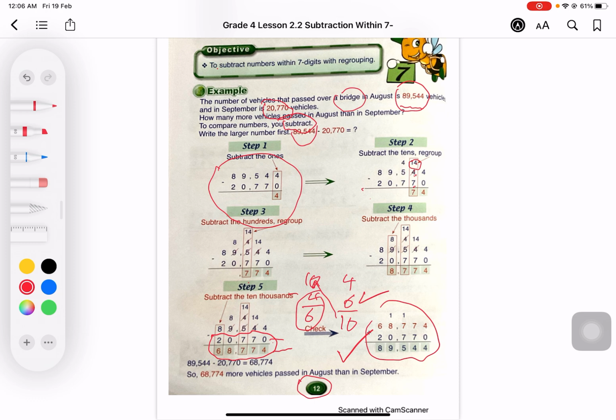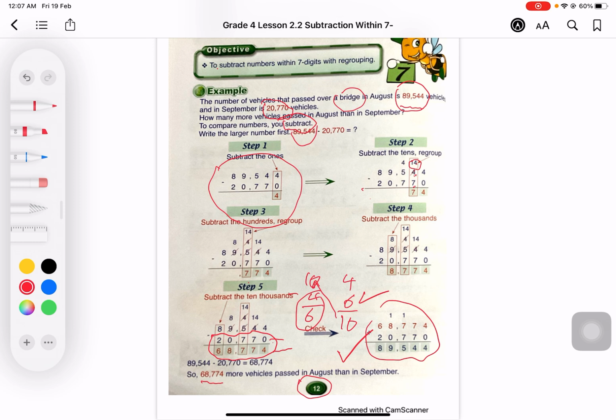You add these two numbers together, you should get the big number. Okay, so the difference between the cars in August and in September is 68,774 more vehicles passed in August than in September.